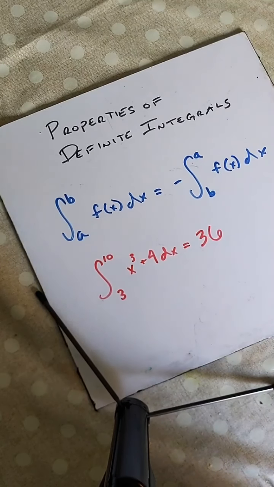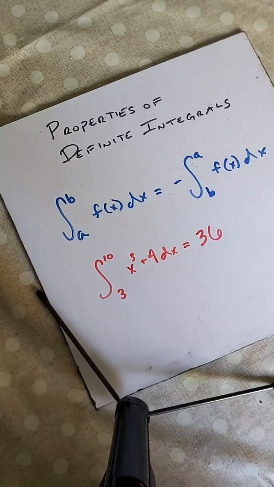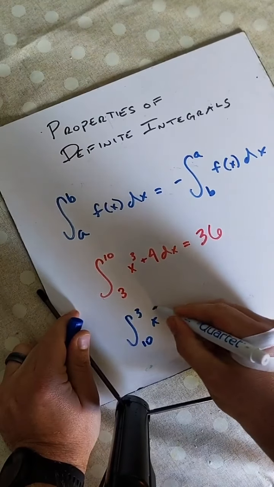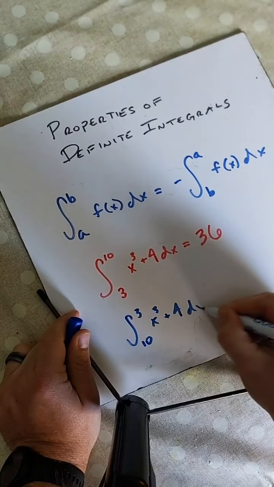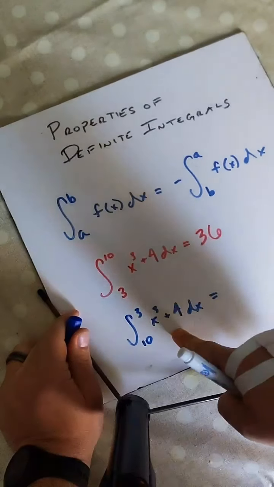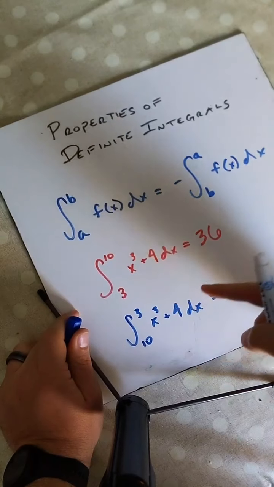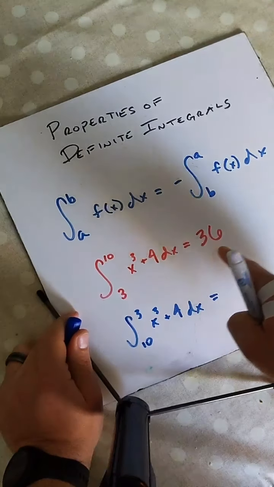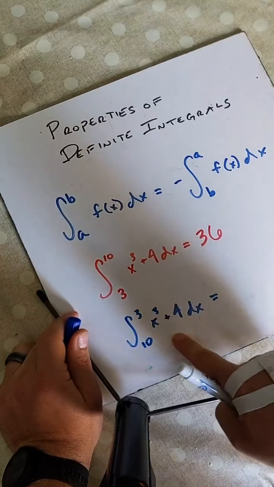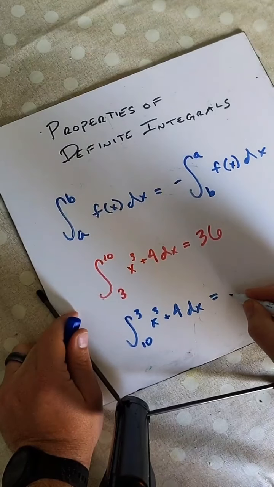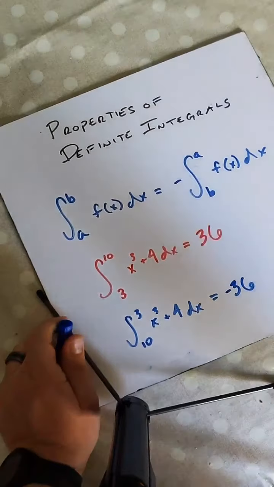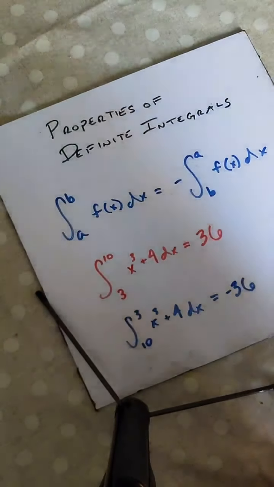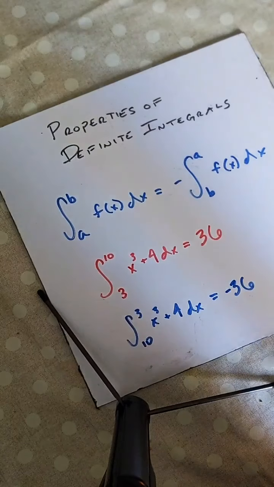If I gave you a problem that said find the integral from 10 to 3 of x cubed plus 4 dx, this is the exact same problem except the numbers are switched around, so it's going to equal the negative answer of that one. Since this answer was 36, this one would be negative 36. So if we ever have the same integral but the numbers are flipped around, it's going to be a negative answer.